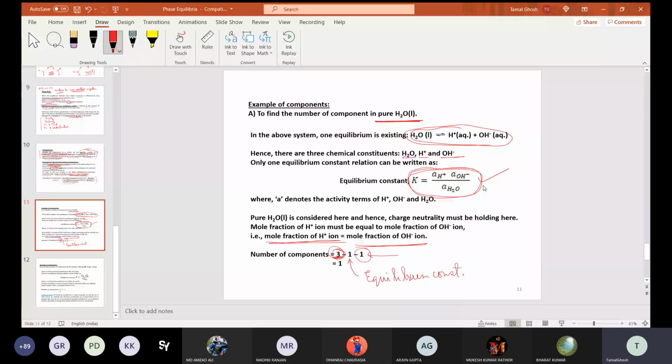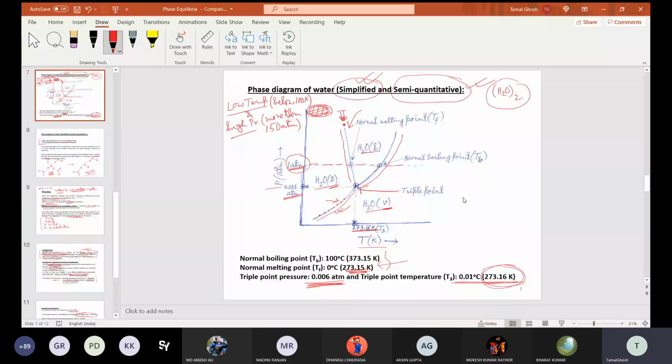Now let us quickly go back to the phase diagram once more. Look at this phase diagram. I have written H2O liquid. Let me put a red color line. This red colored area is almost a triangle shape. Not exactly a triangle, but like a triangle shape.